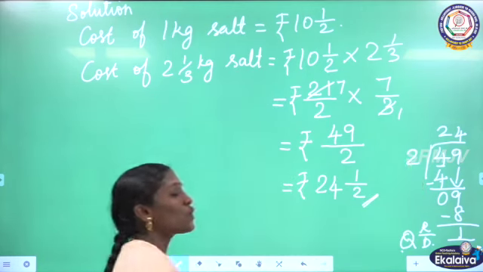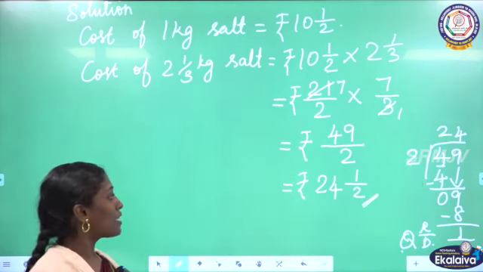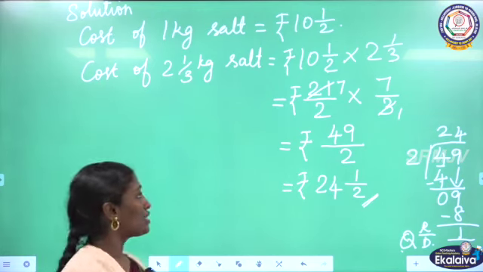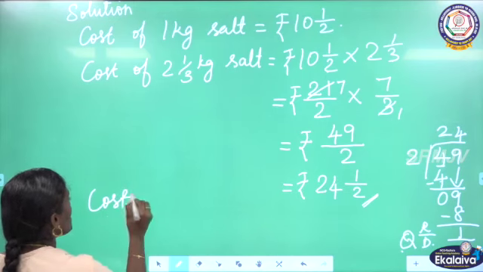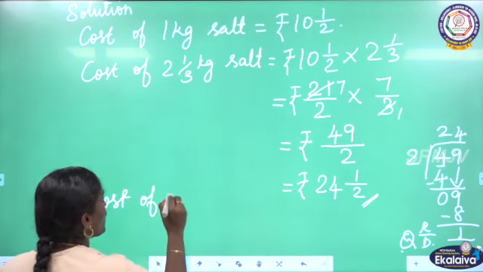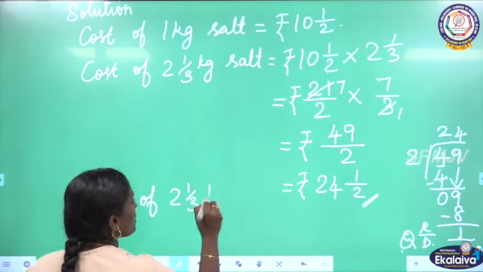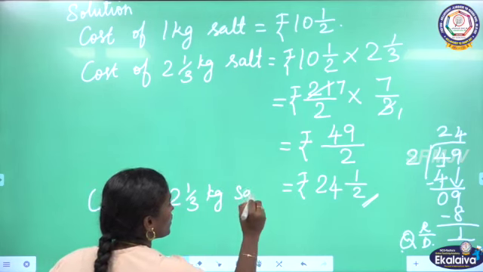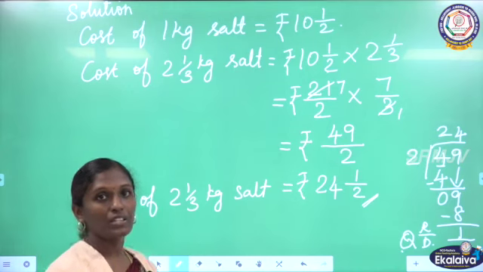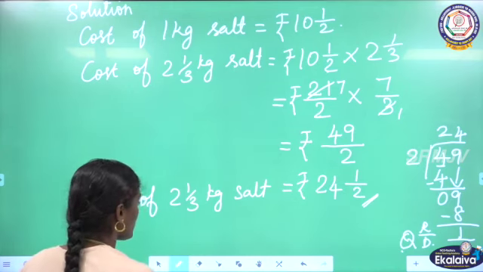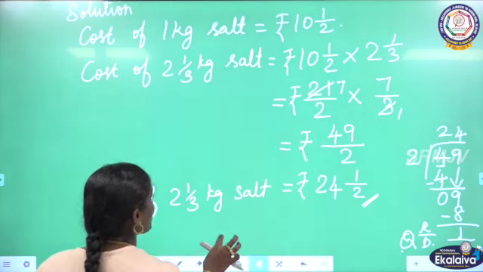So 24 1 by 2 is the required mixed fraction. So this is the cost of 2 1 by 3 kg salt. Cost of 2 1 by 3 kg salt is equal to rupees 24 and half. Is it clear? Let us write the answer statement.